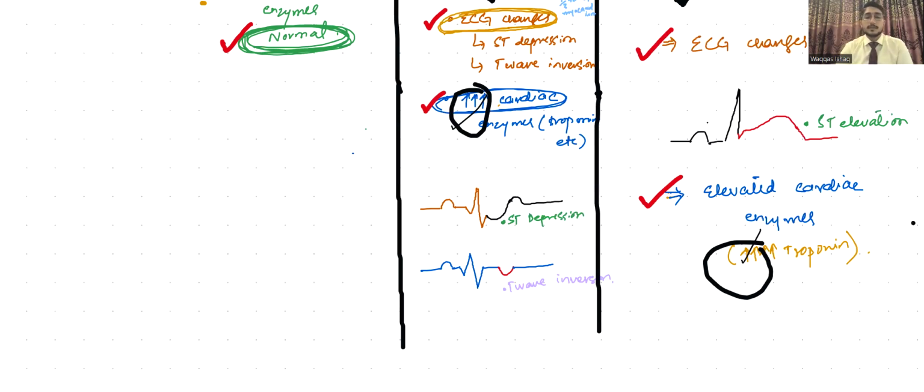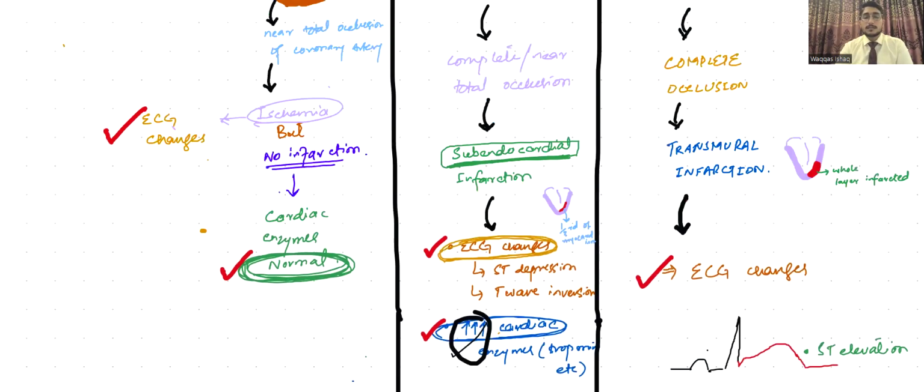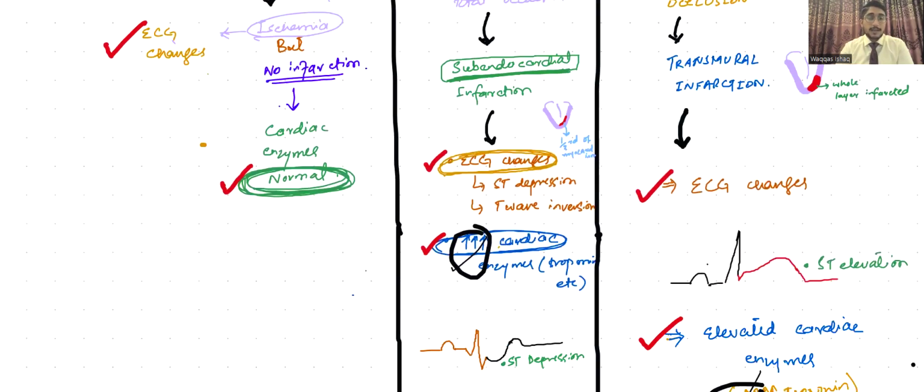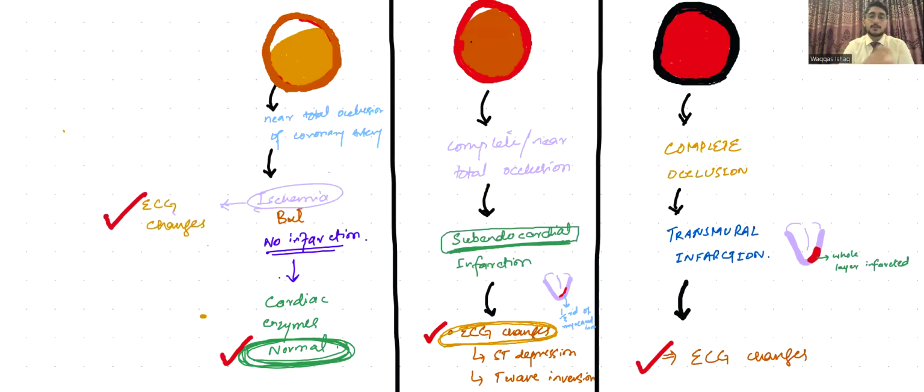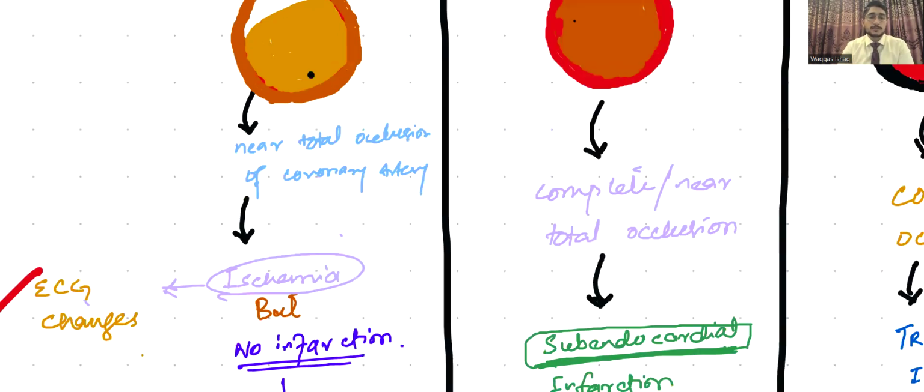So we have STEMI and NSTEMI. These two have ECG changes and they have elevated cardiac enzymes. While in unstable angina, we have ECG changes, but cardiac enzymes will be normal. This is the thing that differentiates it from these two. The overall presentation will be the same: the patient will be at rest, and all of a sudden he has chest pain, but there will be no elevation of cardiac enzymes because the degree of occlusion is not severe enough to cause infarction.